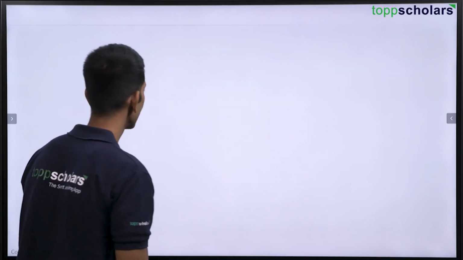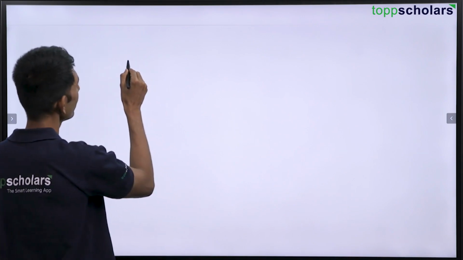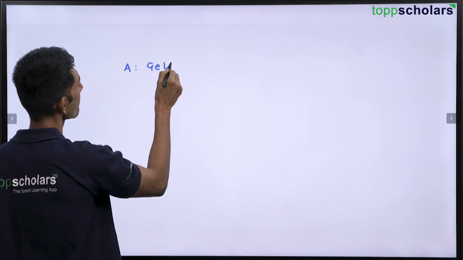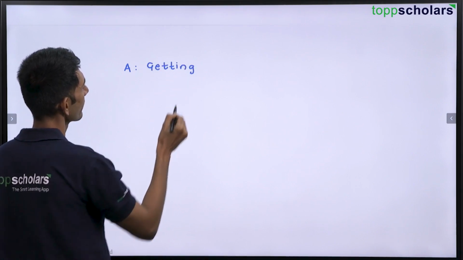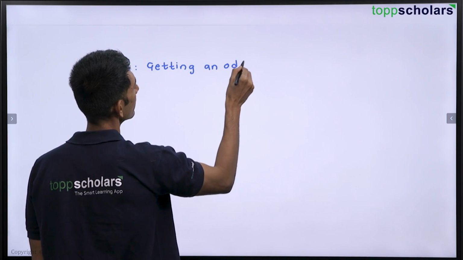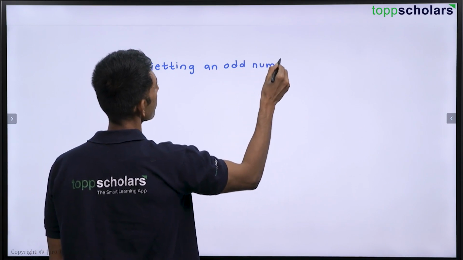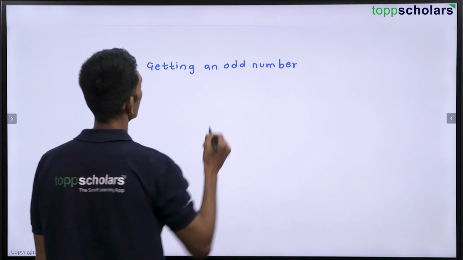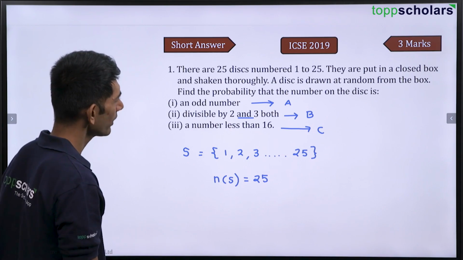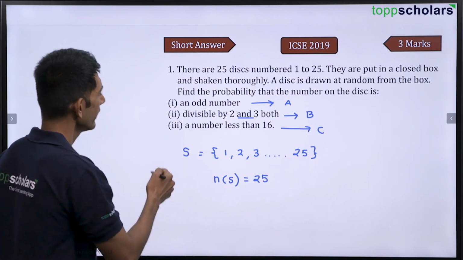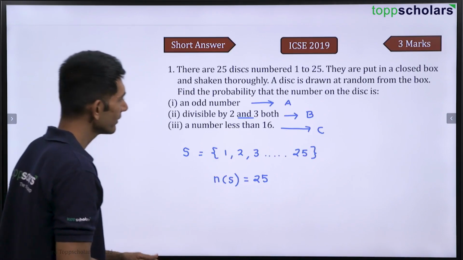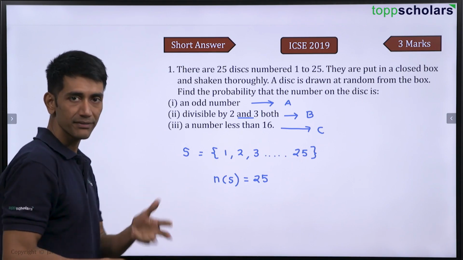So what is event A? A is an event of getting an odd number, right? So if you see, can I say in event A, what all numbers will be there? 1, 3, 5, 7, like that, right?